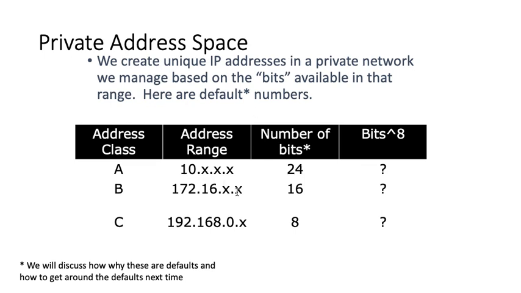If you take, in this case, 2 to the power of 16, that's going to be useful. If you take 2 to the power of 8 bits here, that's going to be useful as well. What it's going to tell you is the number of addresses that are possible, the combinations associated with that particular range.